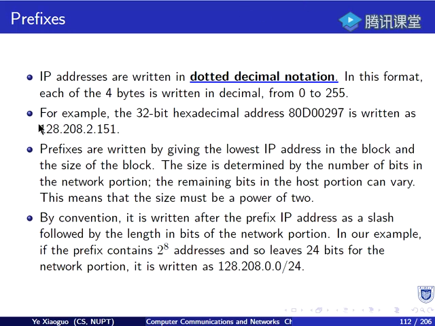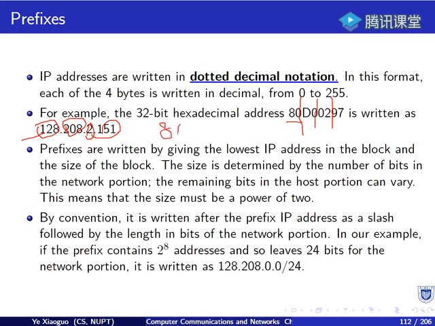Each byte is described in decimal notation, and it includes 4 bytes, right? So 80 in hexadecimal is 128, right?